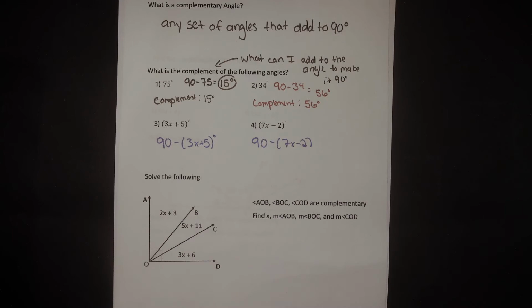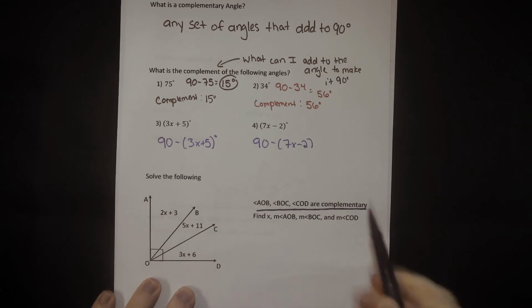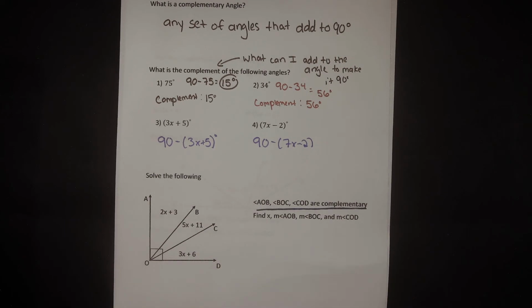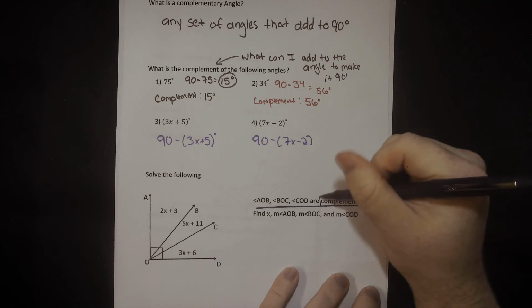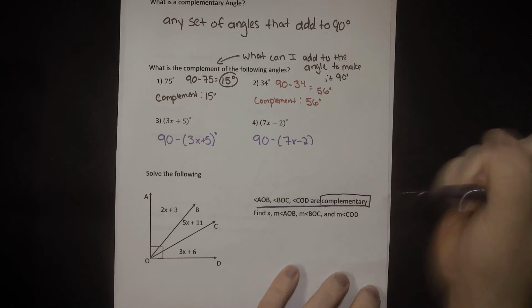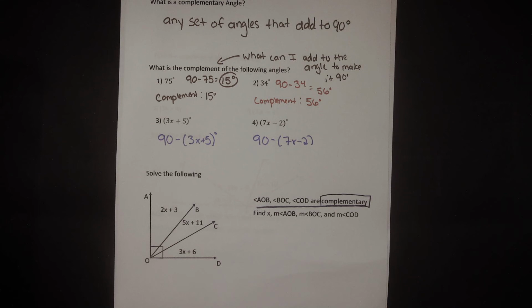Okay, so now what about this? It says that they are complementary. Now, it doesn't have to always say they're complementary, but automatically if it does, it means they have to add to 90. But what happens if it doesn't say they're complementary?